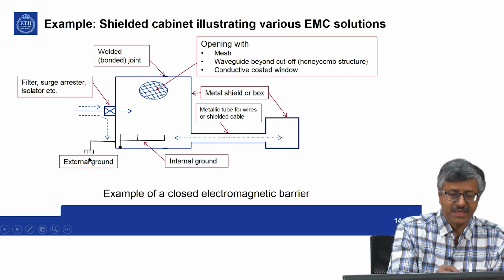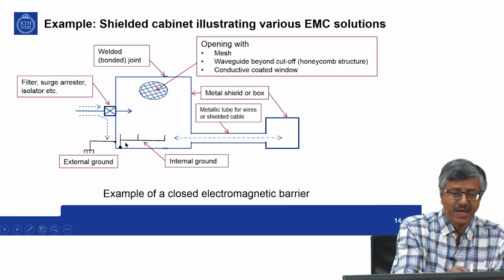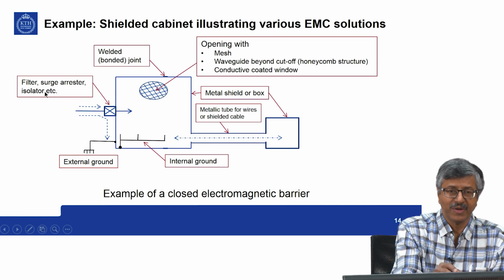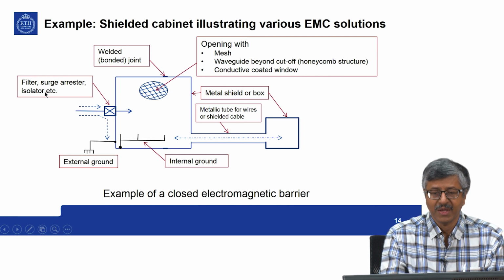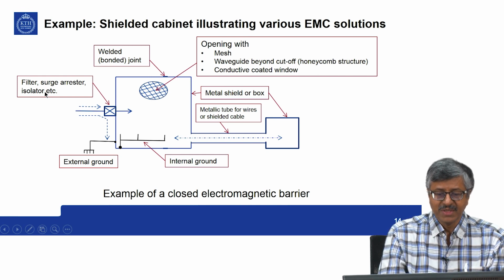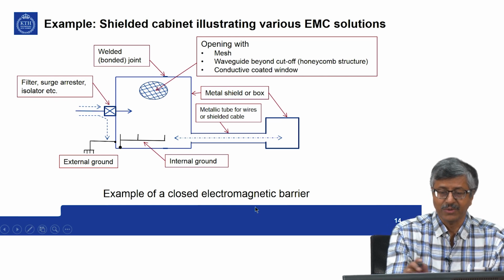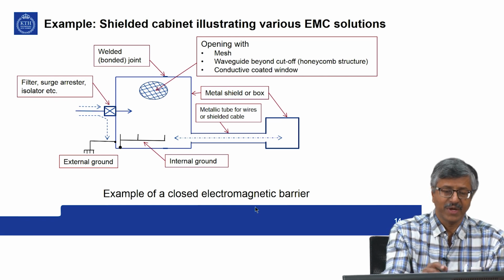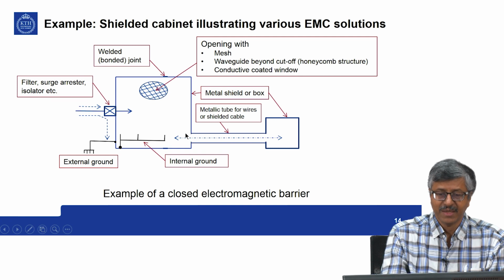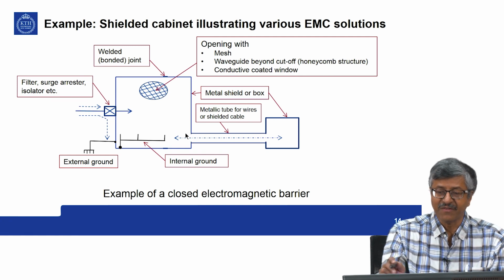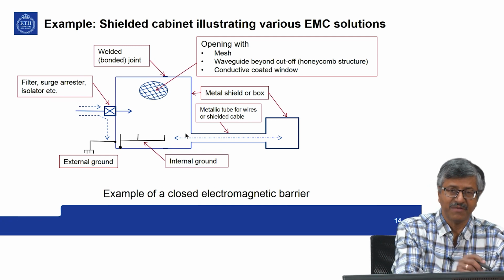This is the external ground, internal grounds are shown here, and any conductor penetrating you have to treat as we have seen before on conductor penetration. So, this is an example of a closed electromagnetic barrier designed according to the zoning principle. Then you can have your equipment inside without getting interference from outside or creating interference to the outside.